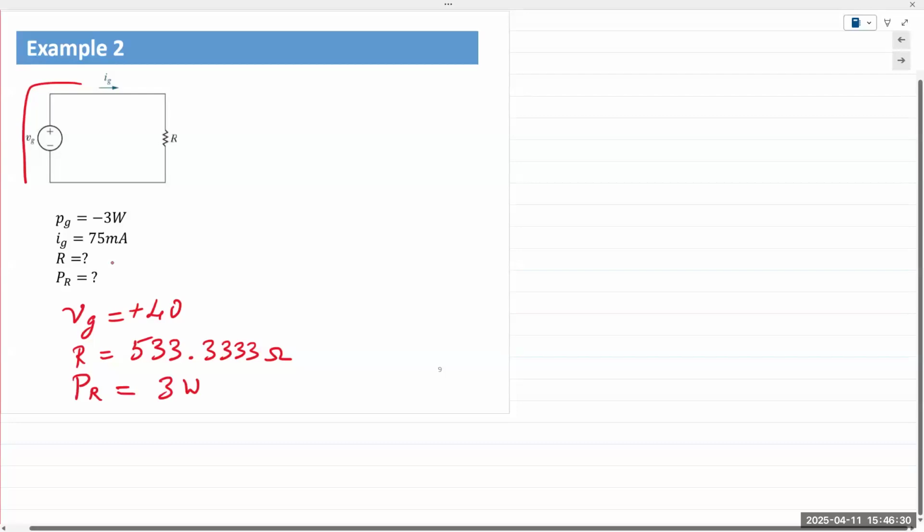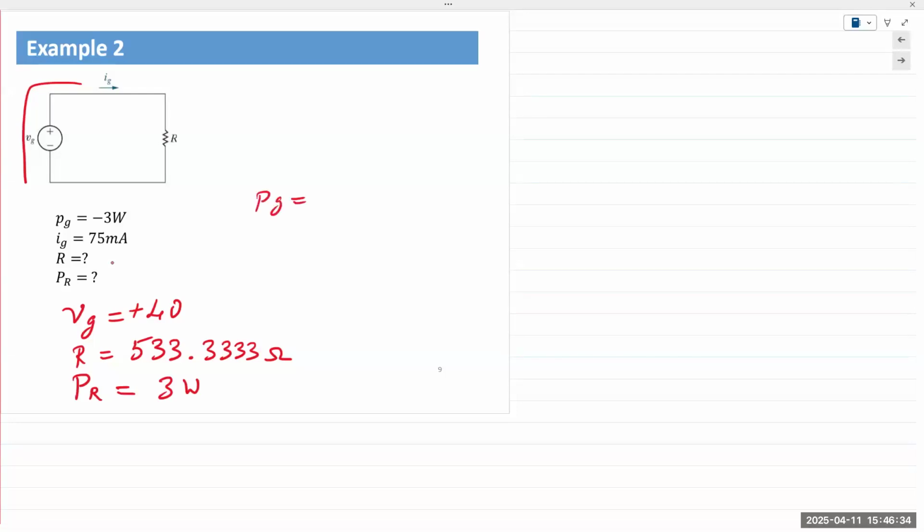So VG can be calculated from the equation for PG. Power for the generator is VG times IG, so VG would be PG over IG. We'd get 3 watts divided by 75 milliamps, so 3 divided by 0.075.